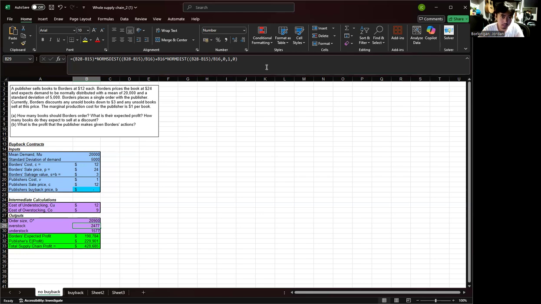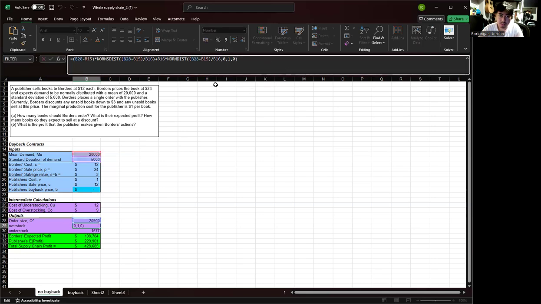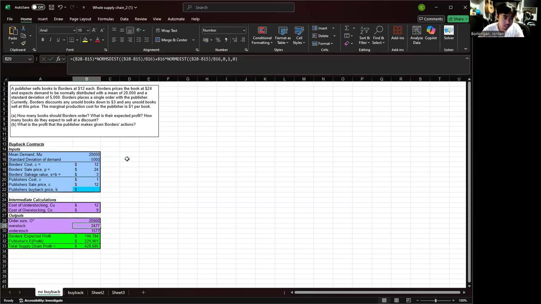So it uses similar functions as the last one, and as a result, this is the amount of overstock that is expected.